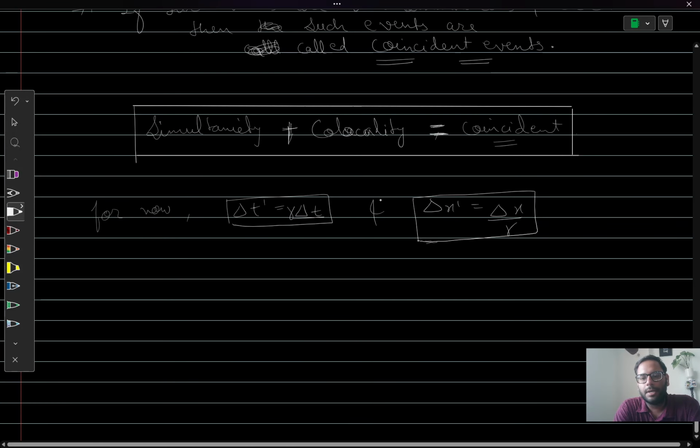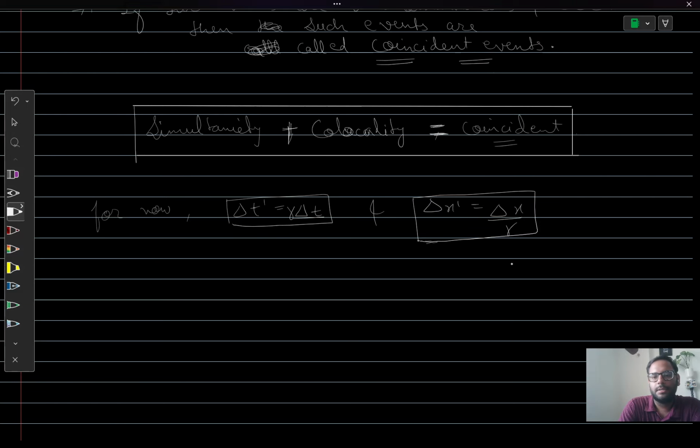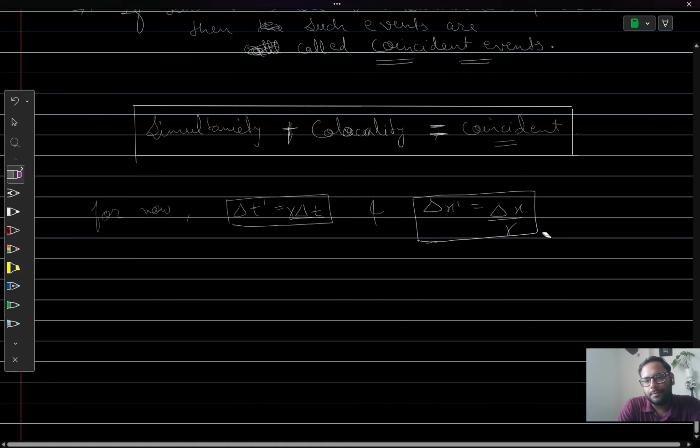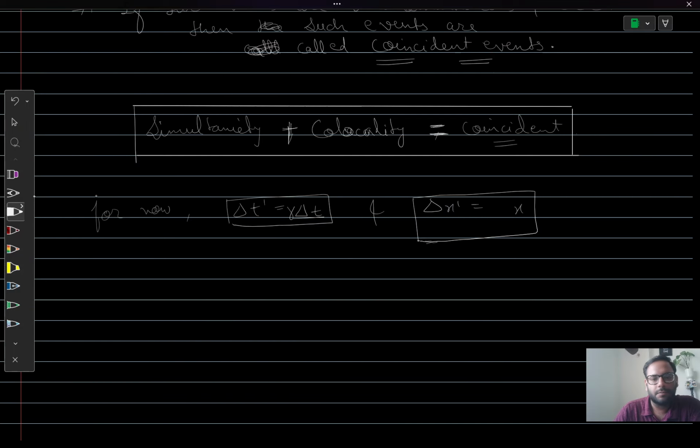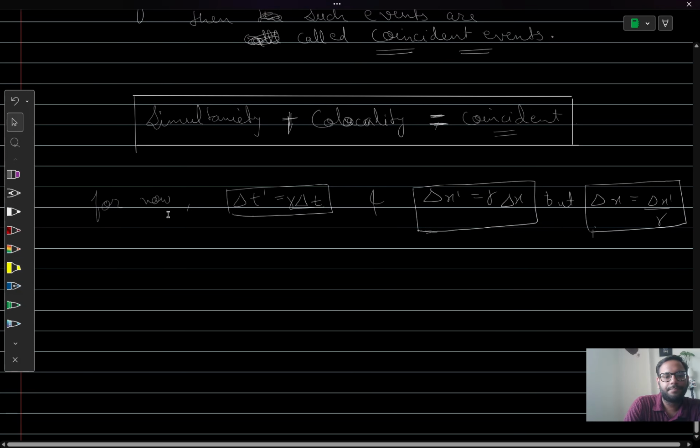But I should not actually define it like this, and it may be confusing to you also. Delta x is equal to delta x prime by gamma. We will see how this is length contraction actually.